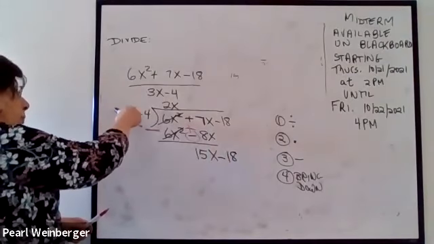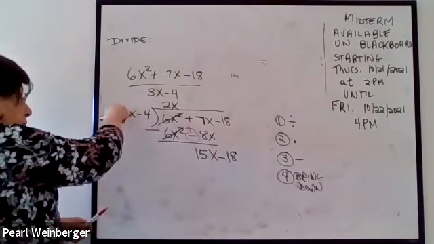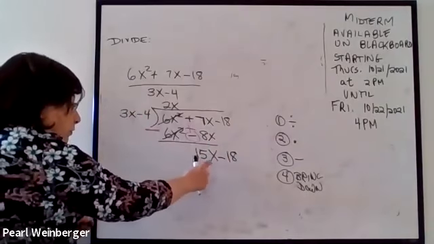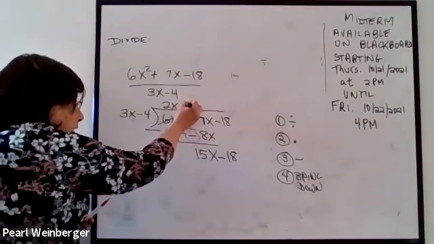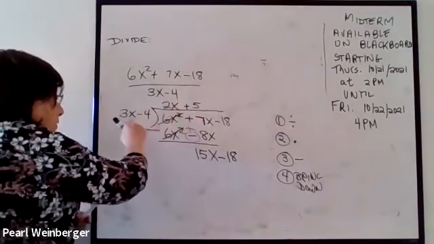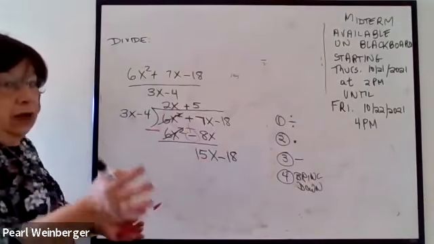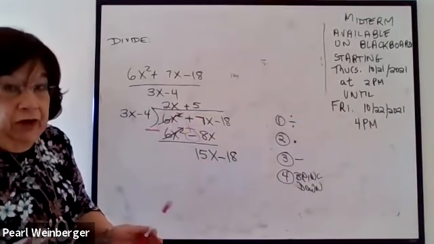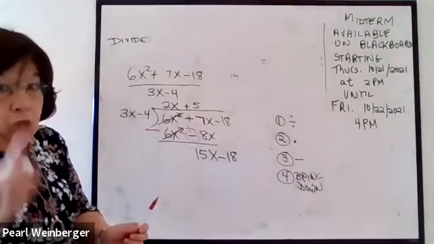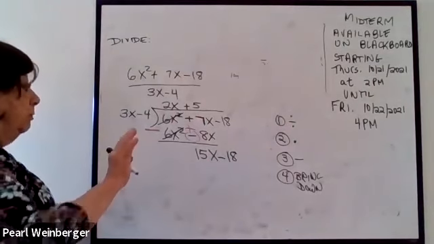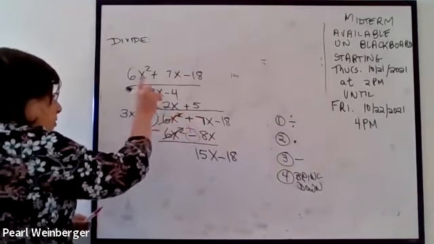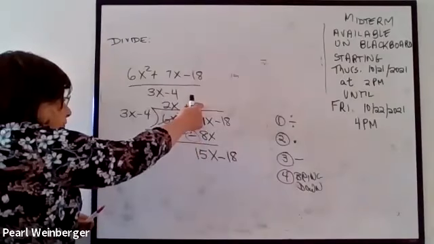I take my 3x part, just the first term, and divide it into the first term here. 3 into 15 gives me 5. The x into the x cancels out. Remember, if everything cancels out, then you have to put a 1 there. You don't leave it blank, you put a number there. In this case, we divided 3x into 15x and got 5.